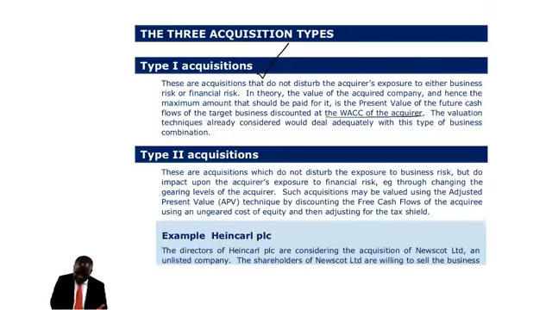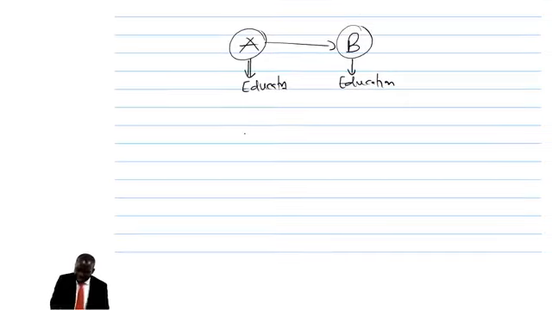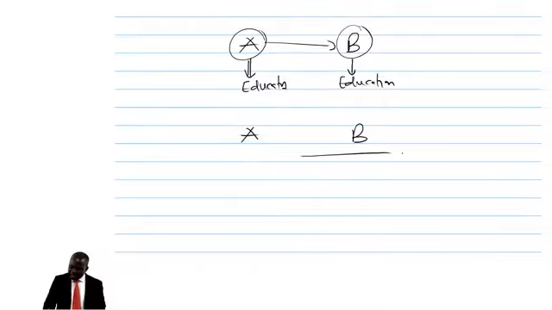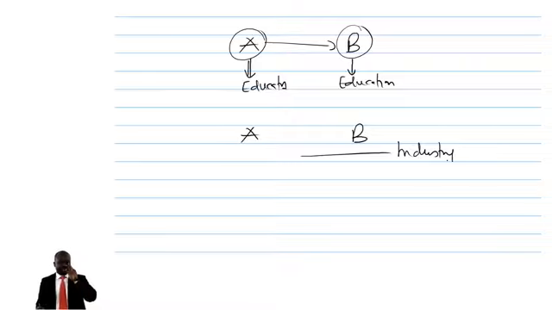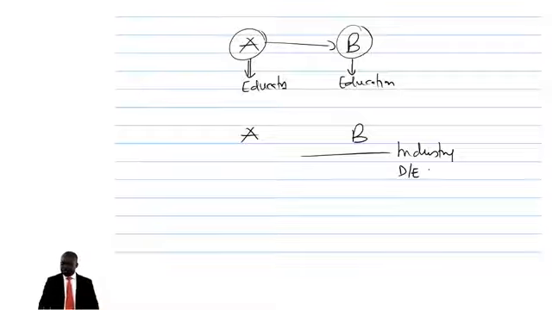With acquisition type 2, the argument here is A is buying B. They are all in the same industry. It means business risk is going to stay the same, but the debt equity proportion of the combined business is going to change. So if debt equity proportion is changing, then financial risk is changing.